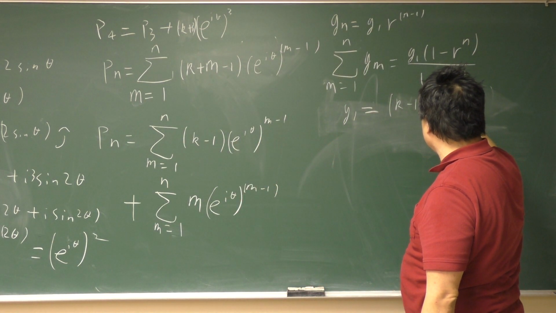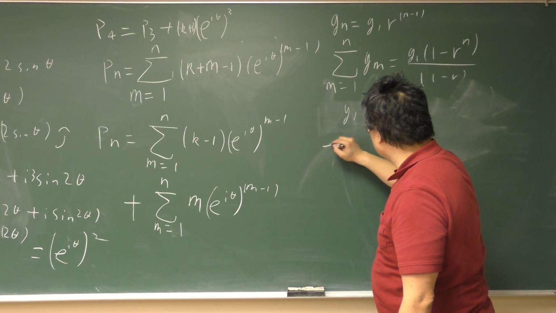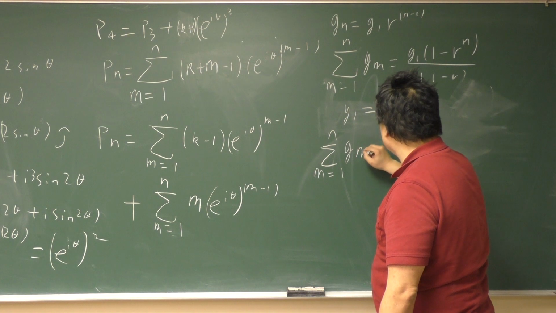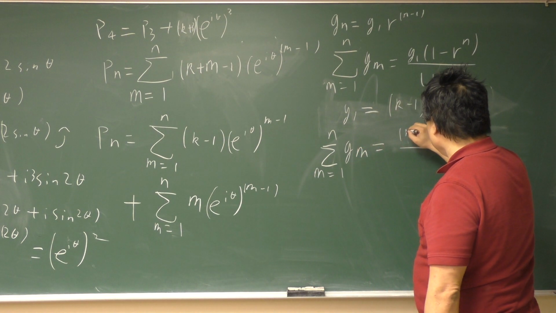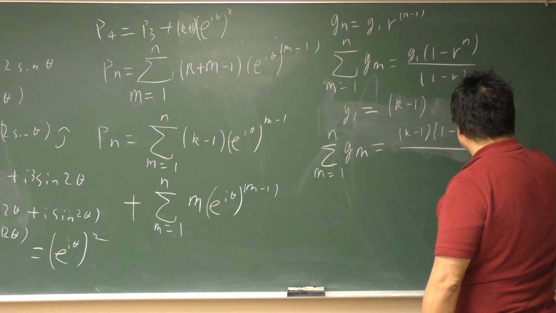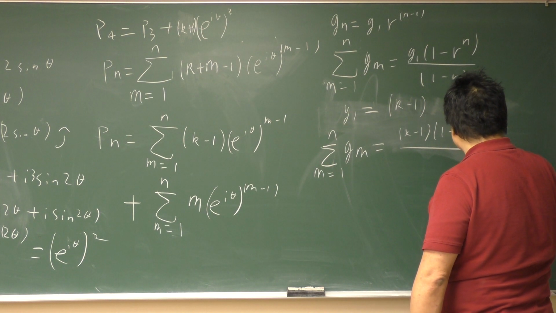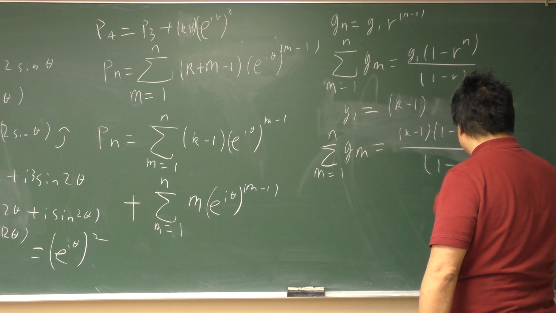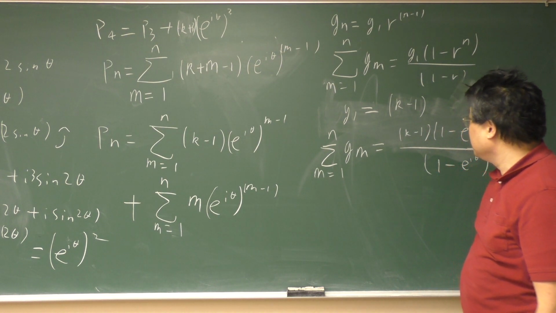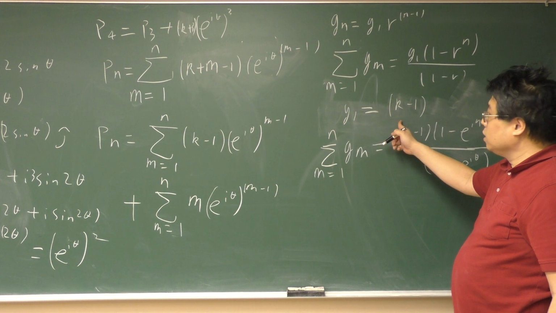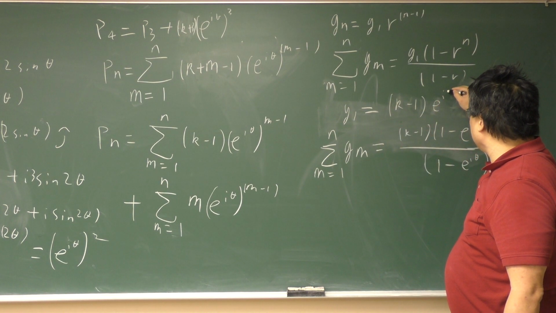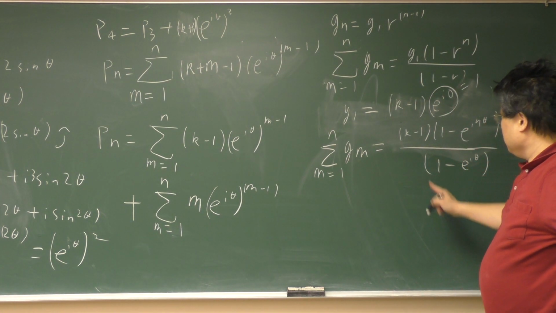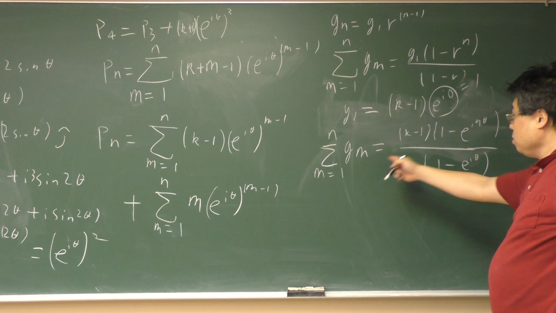So our g of 1 is just k minus 1, and the summation will be this: k minus 1, times 1 minus e to the i n theta, over 1 minus e to the i theta. Okay, yeah. That was what I was trying to say here, because e to the i 0 is just equal to 1. And if you put k equals 1, this whole thing disappears.